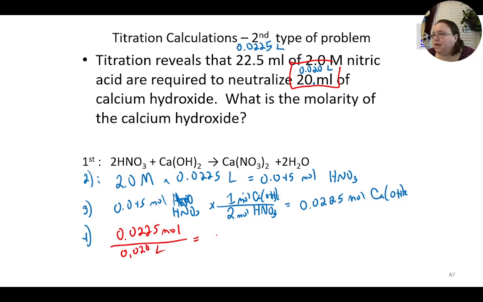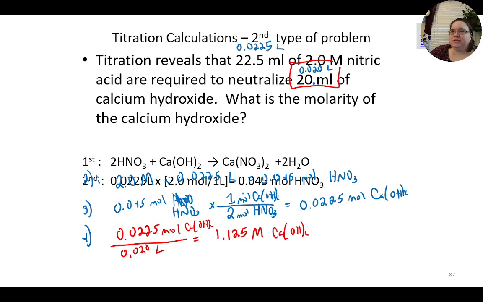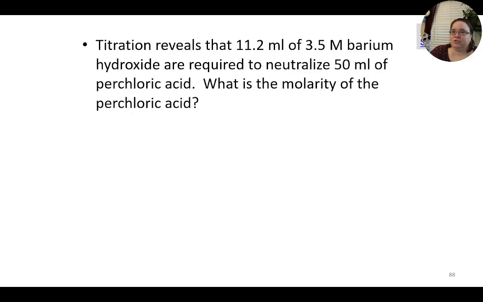So this base is 1.125 molar. Oops, and I forgot my calcium hydroxide here. Okay. So you guys and gals try the second example for the second type of problem.